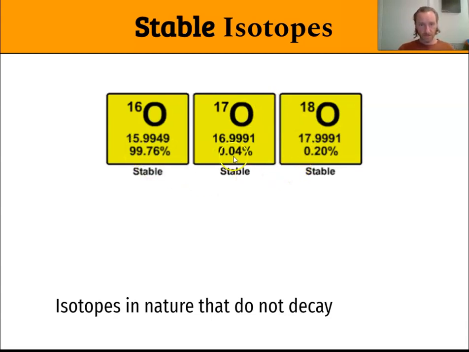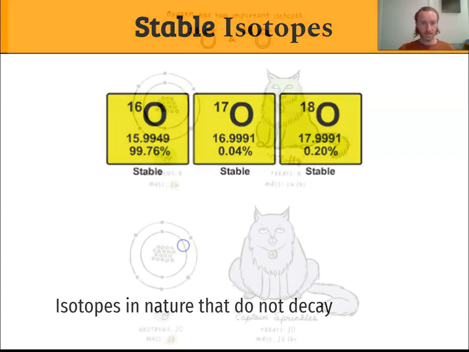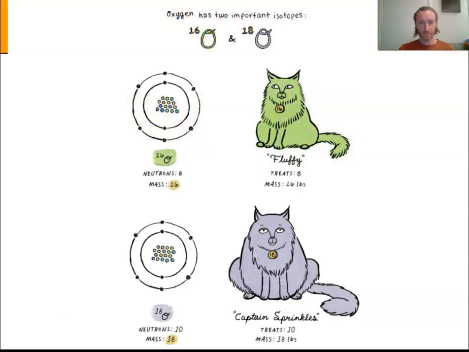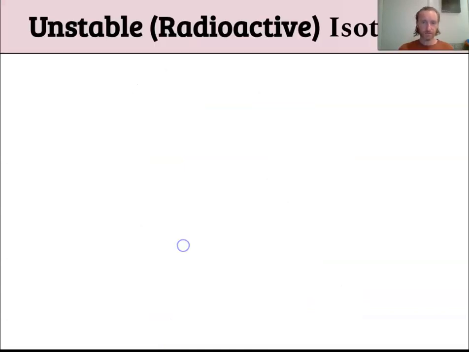Now you can see that not a big percentage, so 99.76%, which is the abundance of oxygen 16, that's quite a lot, right? So almost all the oxygen is that flavor. And so if you want to look at it like Fluffy and Captain Sprinkles, then go ahead and do that.